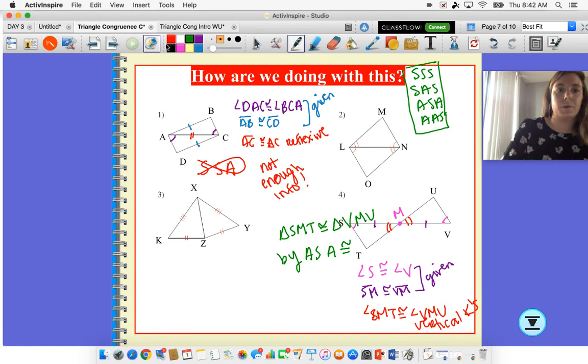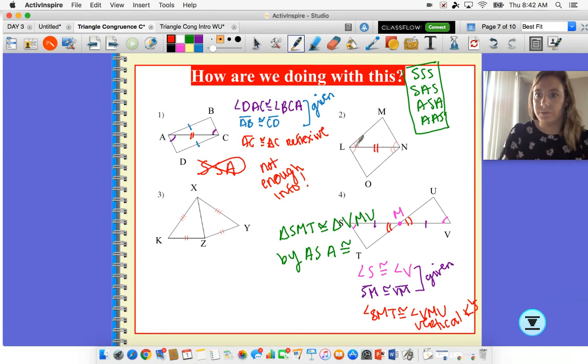So for these, I'm not going to fully write them out. I would love it if you tried them. I'll tell you the answers though. For these two, you've got two angles that are corresponding and congruent, and they share this side, which is known as the reflexive property. So I could say triangle LMN is congruent to triangle.